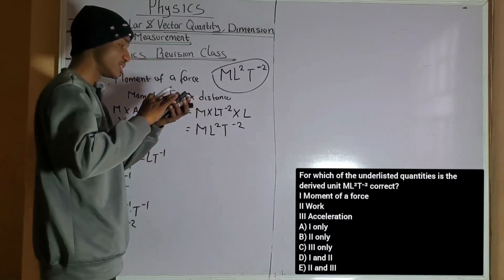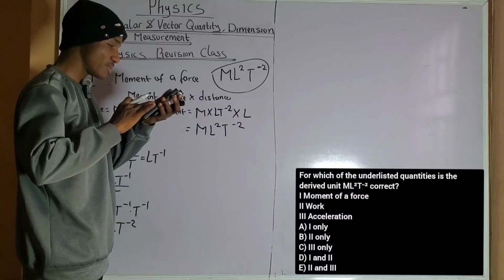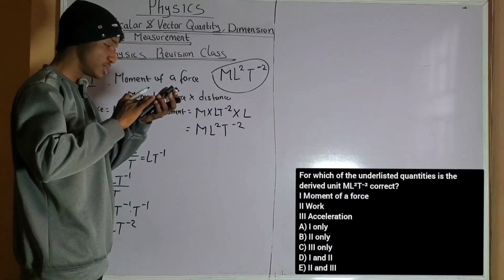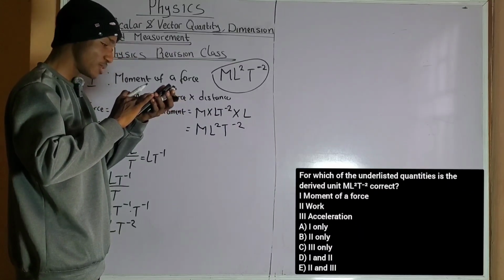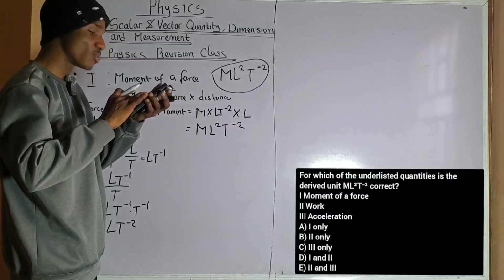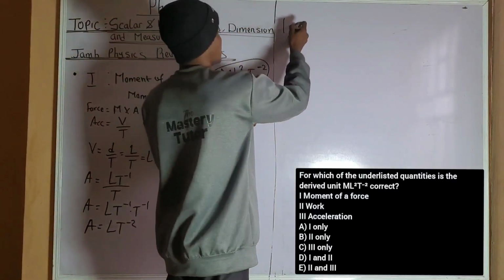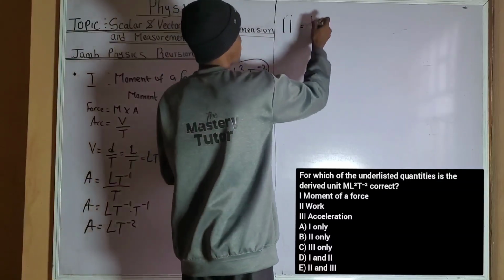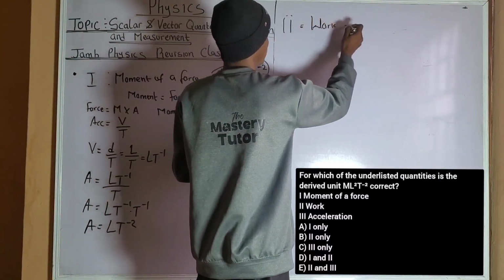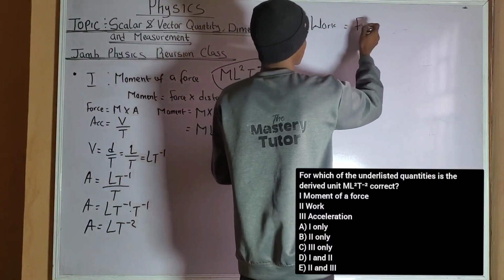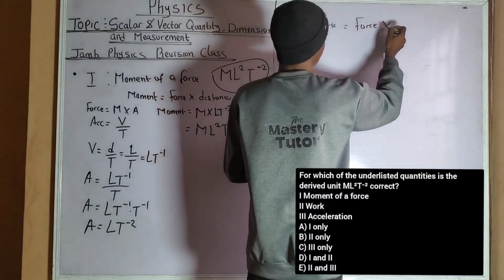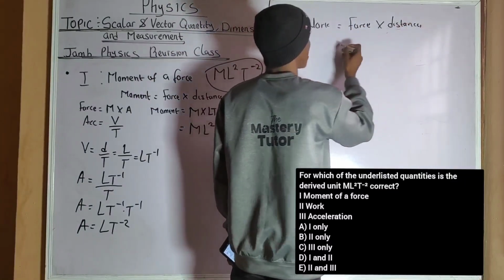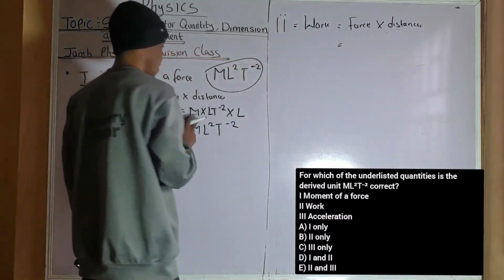Now, the second option, I'm coming. The second option, we have work. The formula for work is equals to force times distance. So the dimension of force is what?